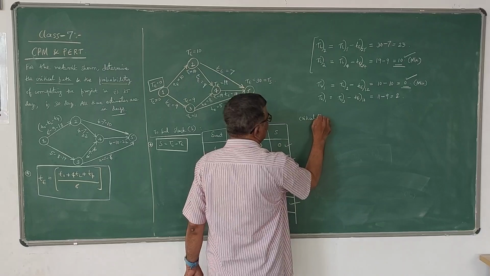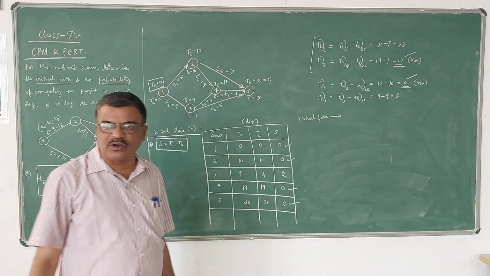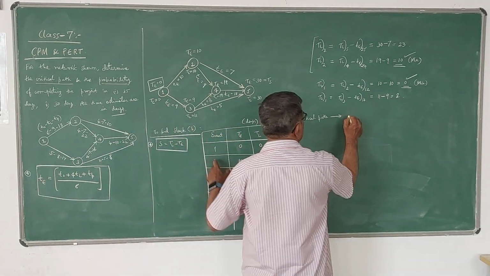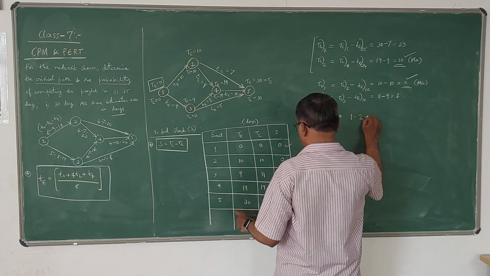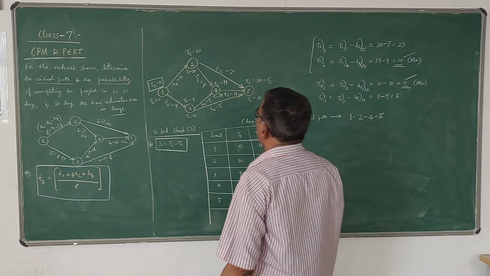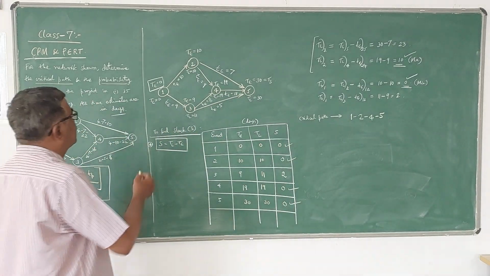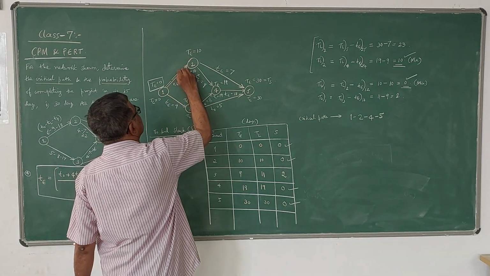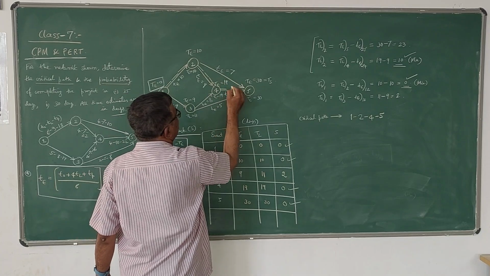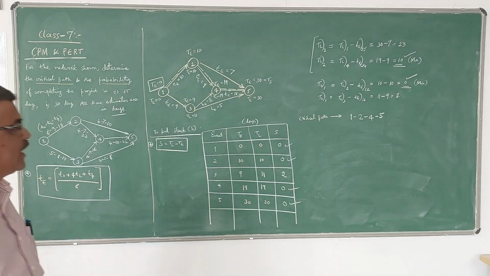Critical path is the path which connects the events having 0 slack or negative slack. Negative slack is not there. So what is the critical path? 1, 2, 4, 5. Correct? So that you can show in the diagram by a dotted line like this: 1, 2, 4, 5. This is the critical path for the given network.